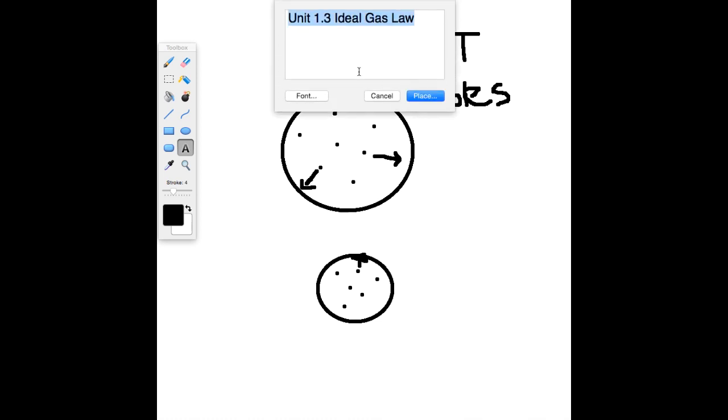There's 6.02 times 10 to the 23rd, so 6.02 times 10 to the 23rd molecules equals a mole, right?